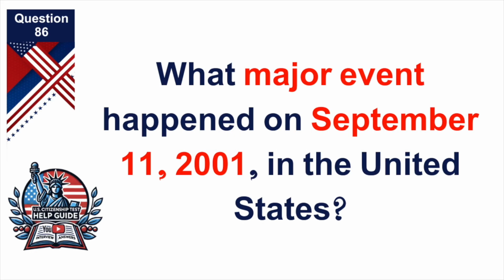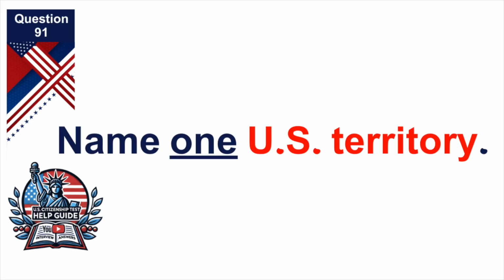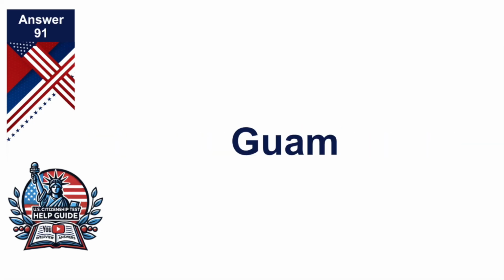What major event happened on September 11, 2001 in the United States? Terrorists attacked the United States. Name one U.S. territory. Guam.